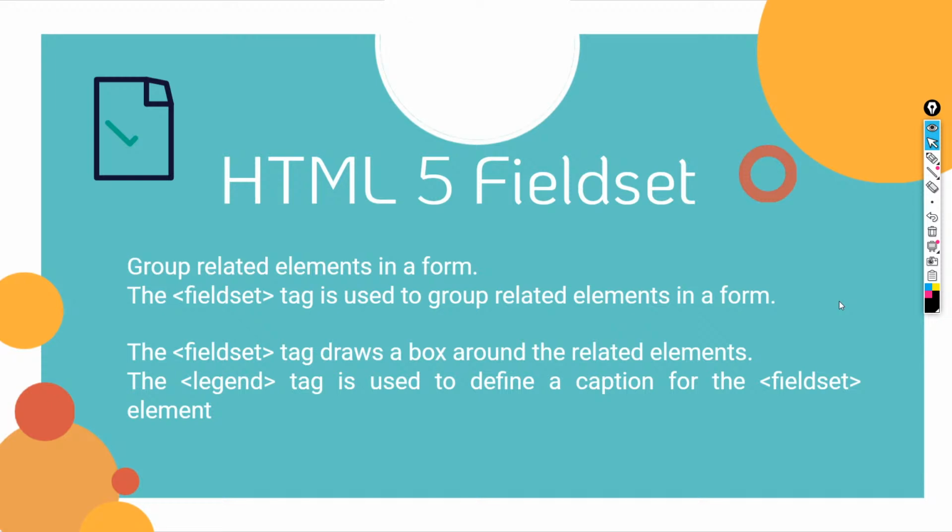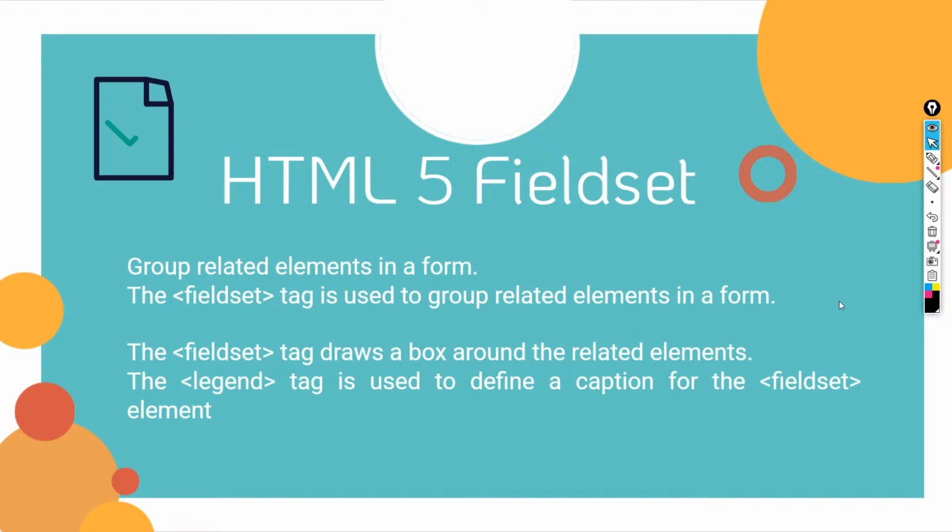Now this is inspired from the way that we used to have coding in Windows applications. So group box is something we used when we try to make use of this fieldset.